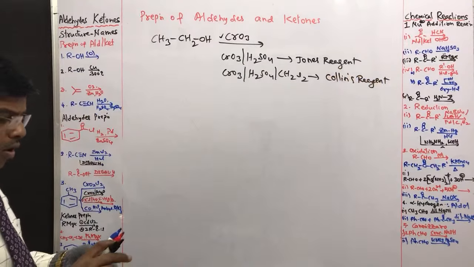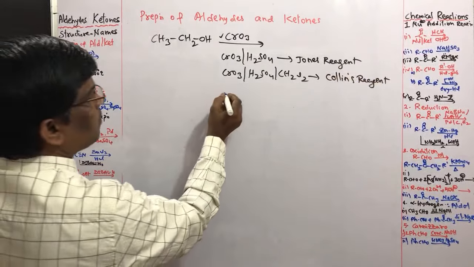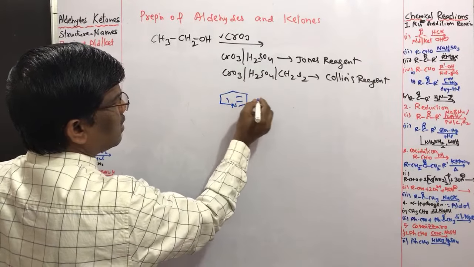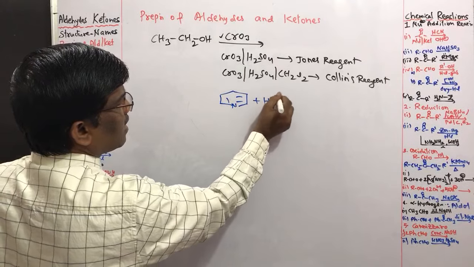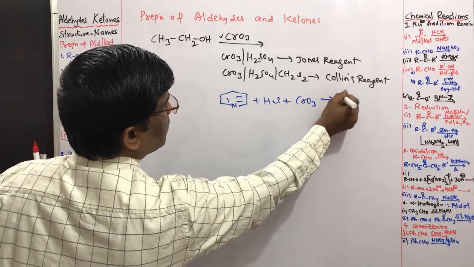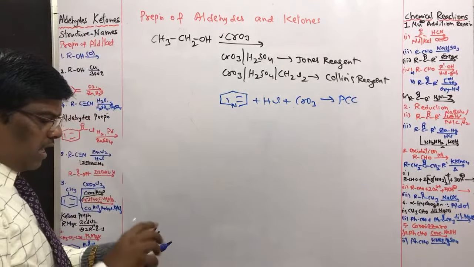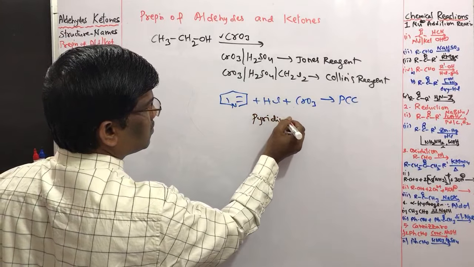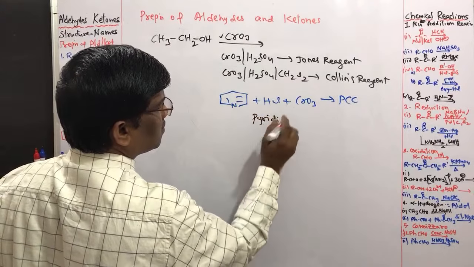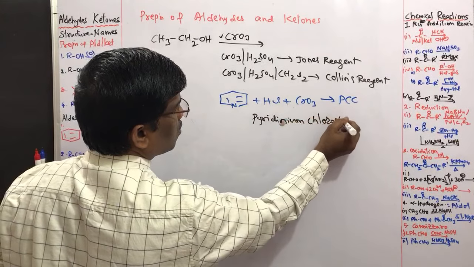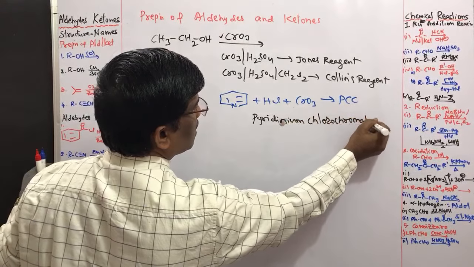Then another important compound is pyridinium chlorochromate: pyridine with HCl plus chromium trioxide. It is known as PCC, pyridinium chlorochromate.